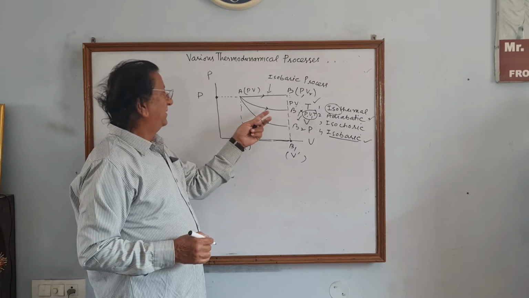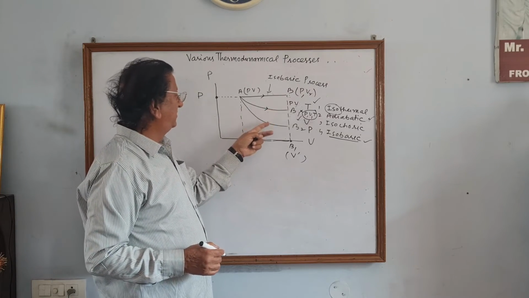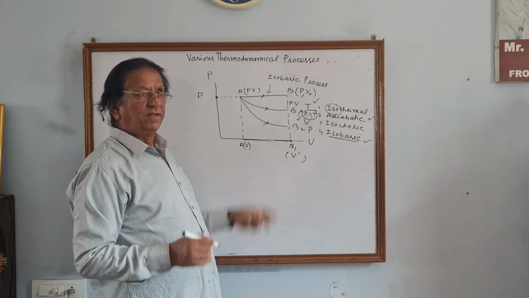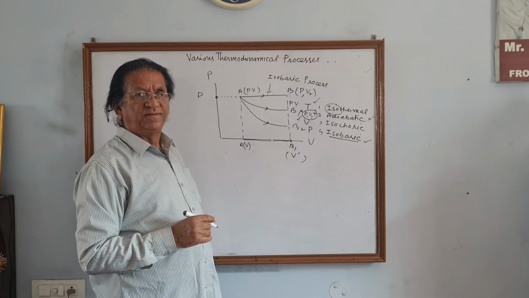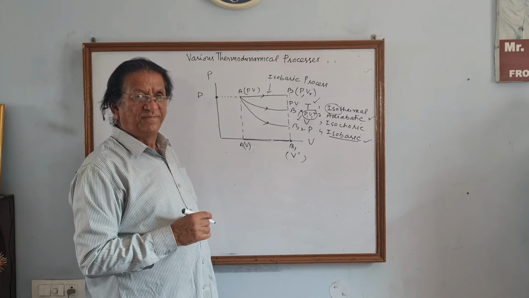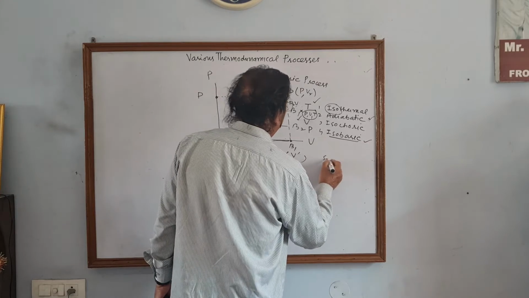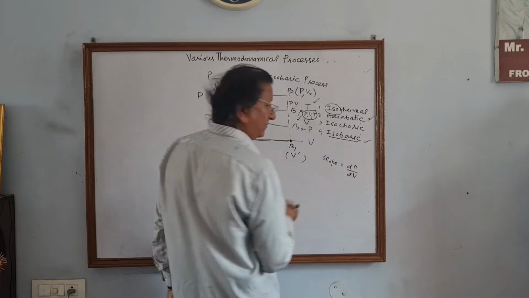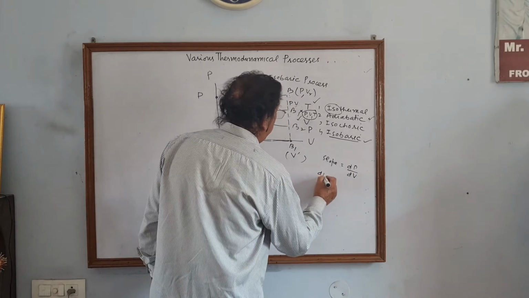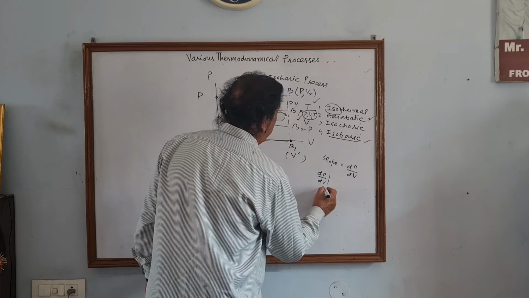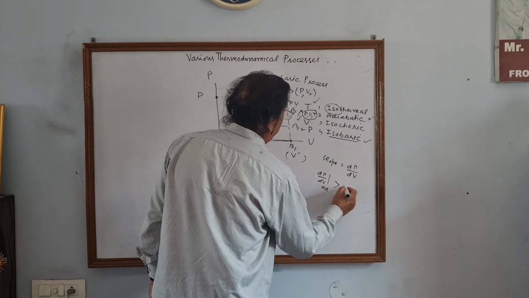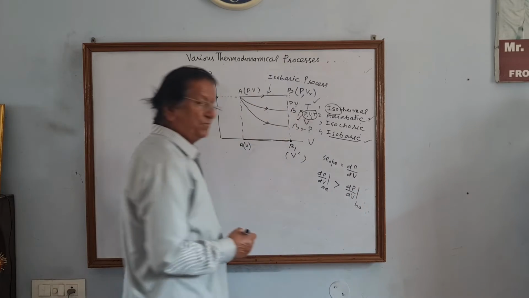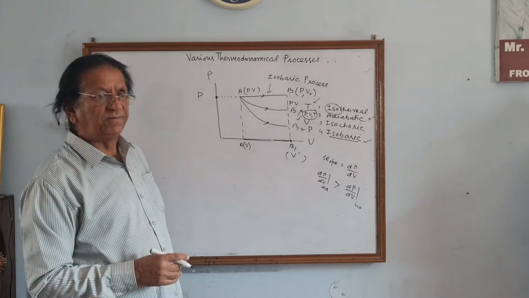Now to identify these two graphs, you have to go for the slope of the graph, the slope of the PV diagram. You know the slope of a PV diagram is dP by dV. And this dP by dV, the slope, for adiabatic is greater than the slope for isothermal. You have already studied this, I told you day before yesterday.